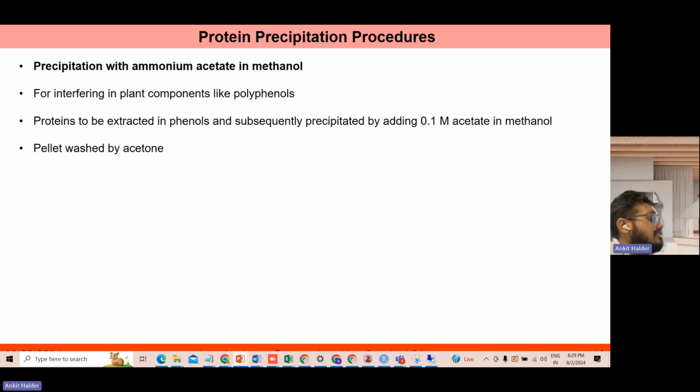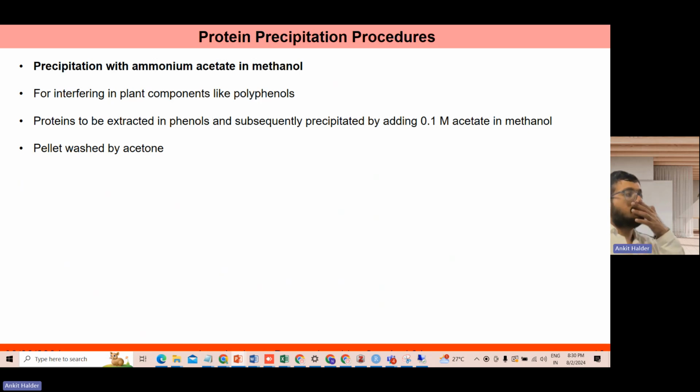As I have already mentioned, no single method can be used universally for all samples. For example, we have the challenging condition of plant components, which contain polyphenols. Proteins are extracted in phenol and subsequently precipitated by adding 0.1 molar ammonium acetate in methanol, and further the pellets are washed with acetone.